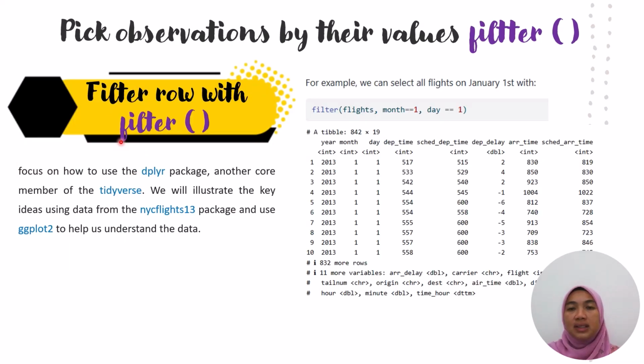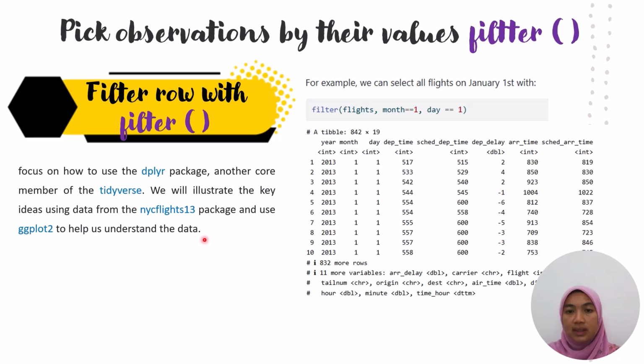In this filter command, we focus on how to use the dplyr package, another core member of the tidyverse. We will illustrate the key ideas using data from the nycflights13 package and use ggplot to help us understand the data.